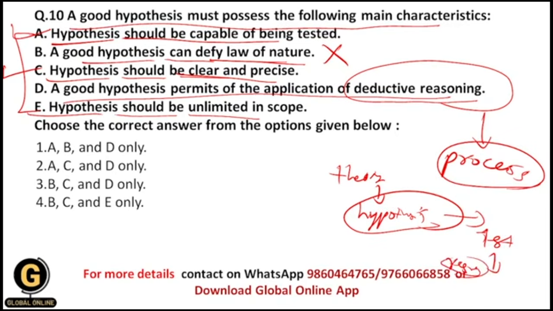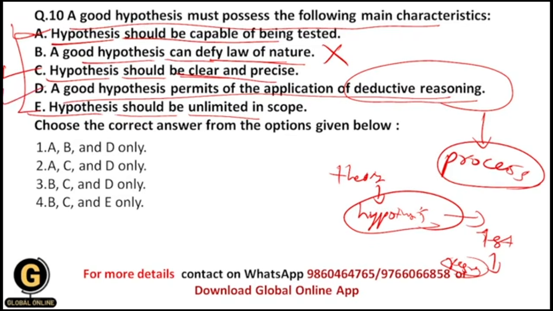So this is nothing but the whole approach of deductive reasoning in research, and a good hypothesis permits the application of deductive reasoning for its testing. Because without deductive reasoning we can't test the hypothesis, this is again a main characteristic of a good hypothesis.